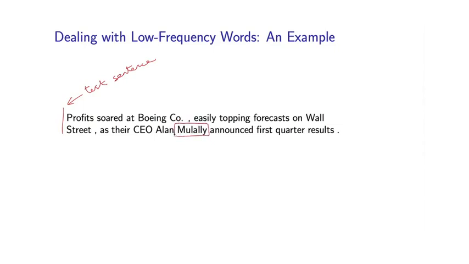So Mullally, for example, quite possibly has never been seen in our training data, or maybe even topping is a relatively infrequent word and may not have been seen in our training data. And actually, if you look at the statistics of English, for example, even with, say, 1 million words of training data for tagging, you will frequently encounter words in test data which you've never seen in training data. What that means is, let's take this particular example. E of Mullally given Y is equal to 0 for all tags Y.